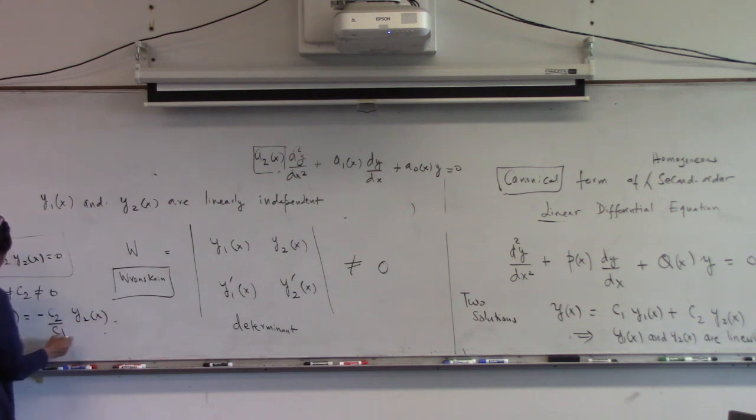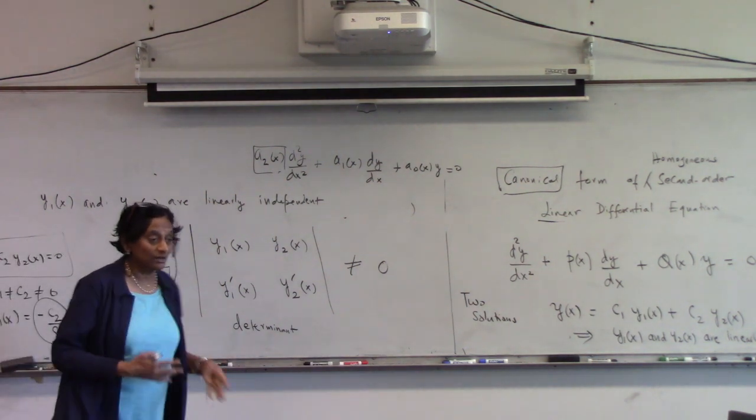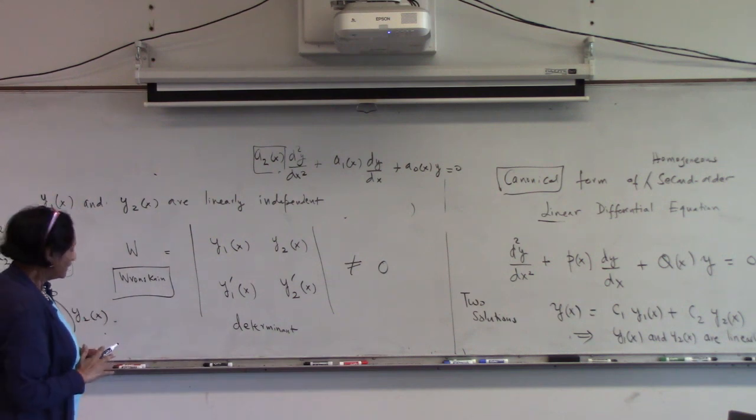If this is a constant times a solution, it is not linearly independent, okay? So the combination can be linearly independent only when C1 equals C2 equals 0.